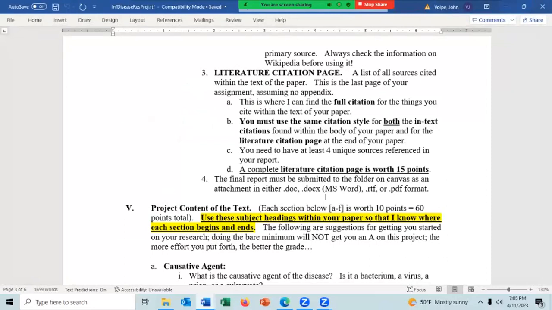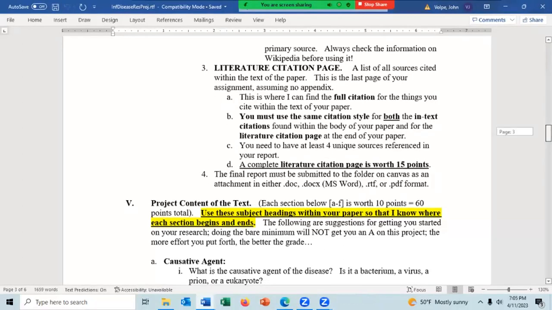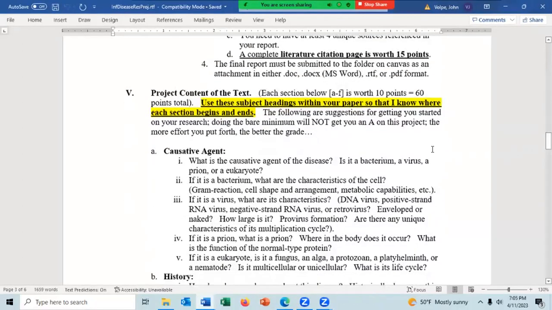You must submit the report to the folder in Canvas, and it'll be the project name. It'll be under the lab, so the week of the lab. The project content should have headings in your paper so that I know where each section begins. So you should have the article name and then the causative agent with the heading.